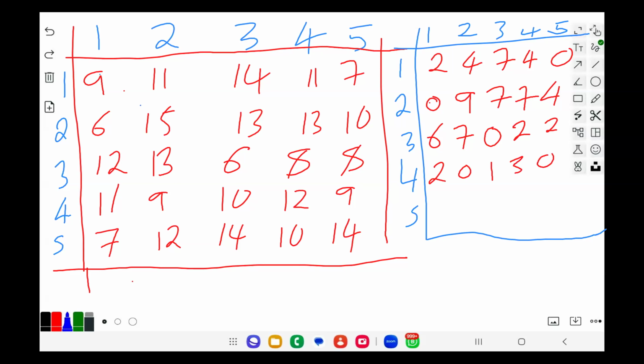And 0. And then the last column: 7 minus 7 is 0. 12 minus 7 is 5. 14 minus 7 is 7.